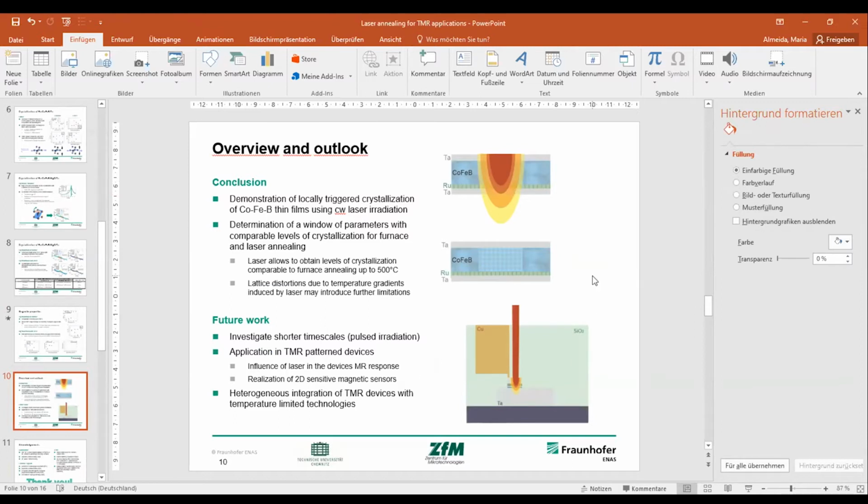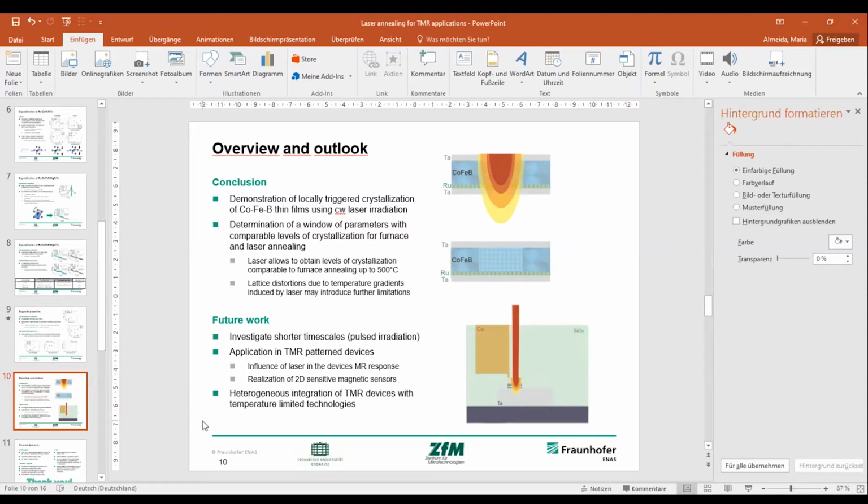We also have shown that the dynamics of the process and the gradients introduced by the laser may introduce some limitations on the process. And of course, the future scope of this work is now to prove that we can successfully anneal devices and achieve high TMR ratios.